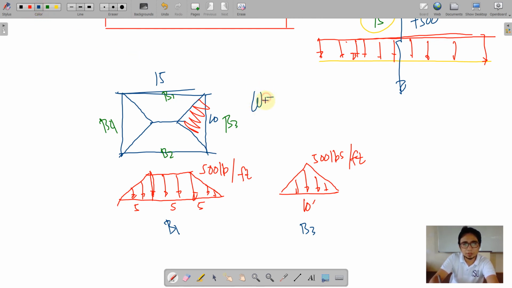W is just the pressure on the two-way slab or the two-way system. In any two-way system, W is simply equal to the floor pressure multiplied by half of the shorter distance.